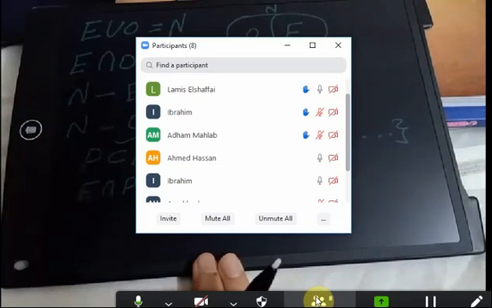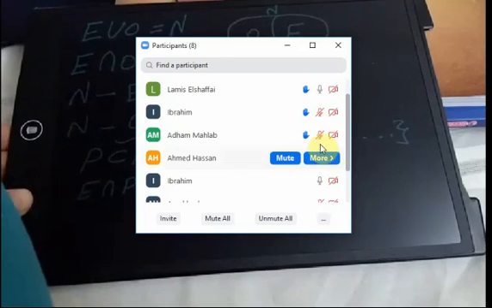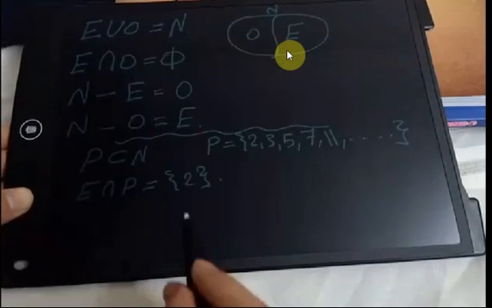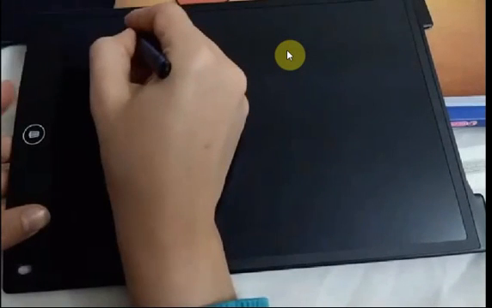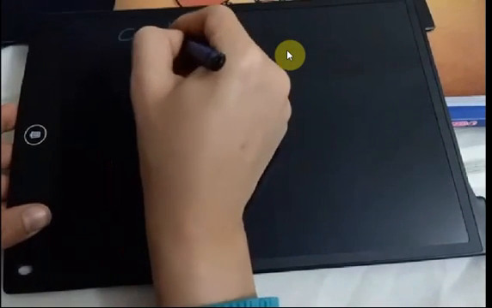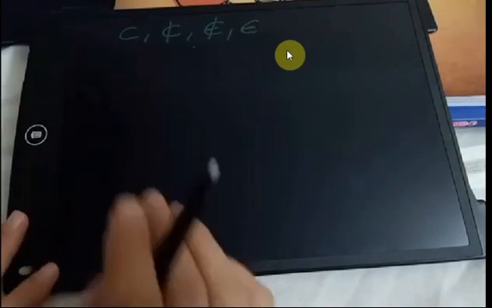Okay, anything hard until now? No. Okay, so if I set you here, complete using subset, not subset, belong or not belong. And here it is.